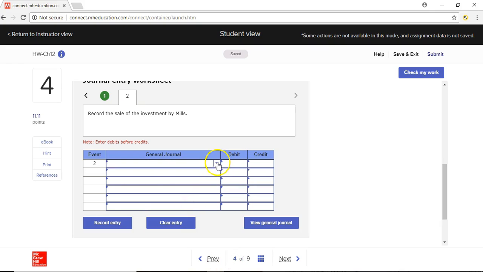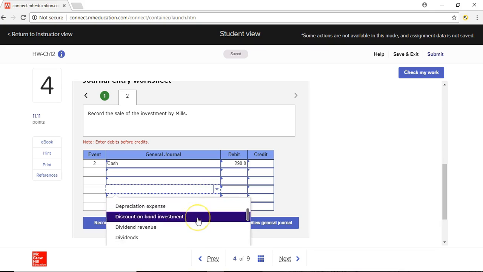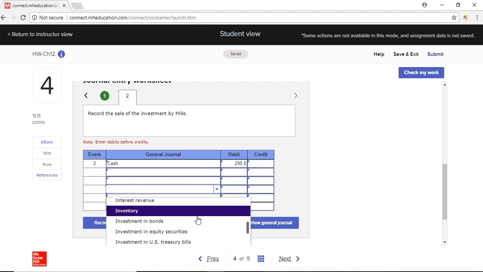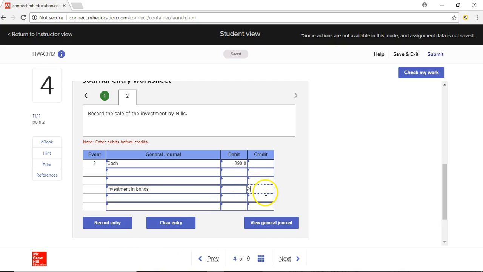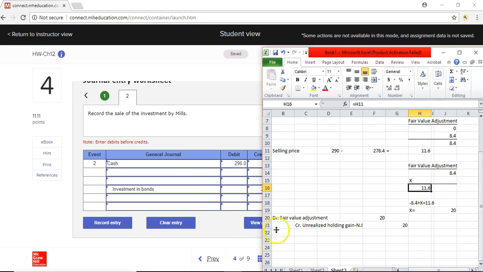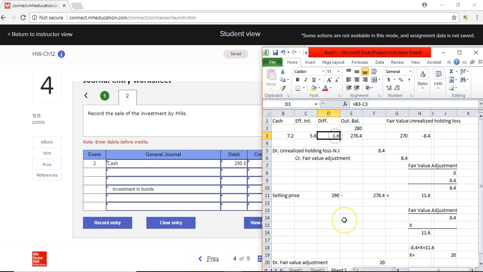So when we sell the bonds, we have cash of the selling price, and also we need to write off the investment. The face value of the investment in bonds should be removed, so we credit it. Unamortized premiums should also be removed. Total premiums initially was $40 million. Face value is $240.